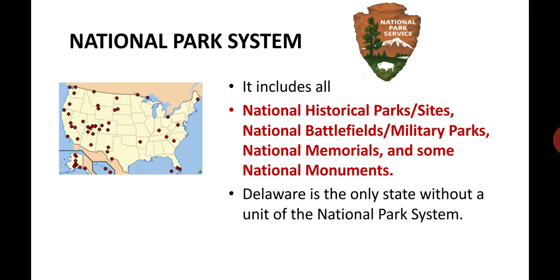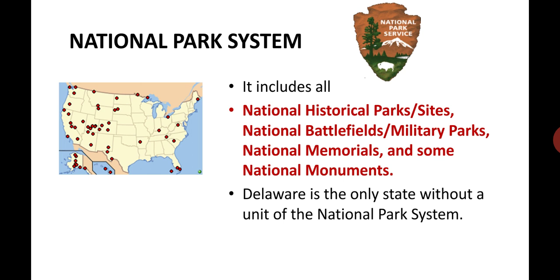In the USA, there is a national park system, so all the parks are included in this organization. The National Park System includes national historical parks and sites, national battlefields and military parks, national memorials, and some national monuments. Delaware is the only state without a unit of the national park system.